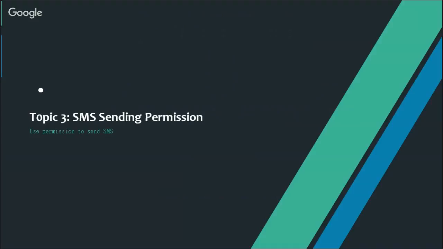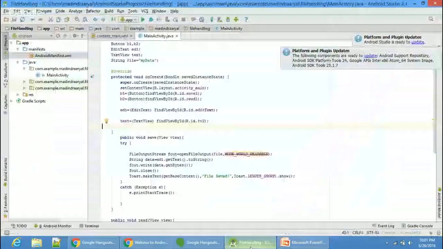So topic 3 of ours will be to send SMS, and before sending the SMS to the destination or receiver, we'll need to have permission from our Android device whether we can actually send an SMS or not. Everything will be tested by this SMS sending permissions section. So let's move ahead and switch to our Android Studio.